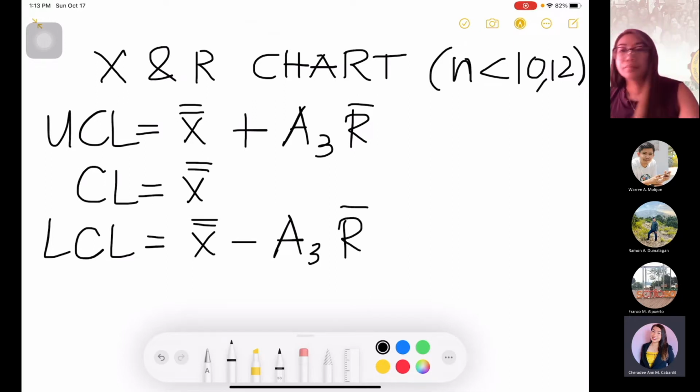Okay, let's double check. Is it A3 or A2? A2, not A3. Correct that one.